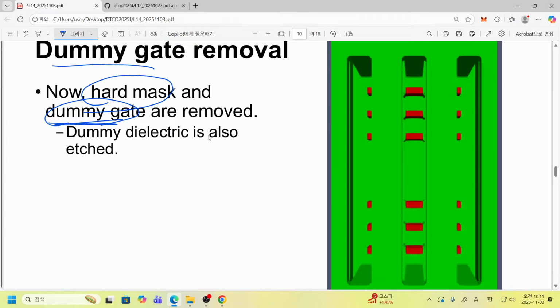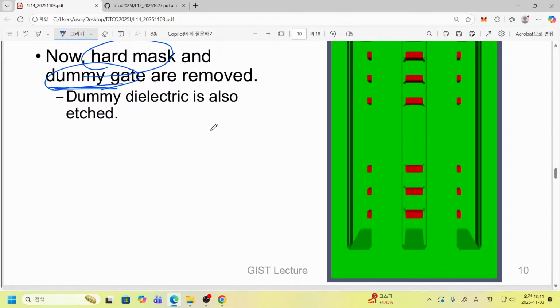Then what happens? Now you have this structure. Actually not. Even though you have eliminated the hard mask and polysilicon, still on top of this silicon region, we have dummy dielectric.